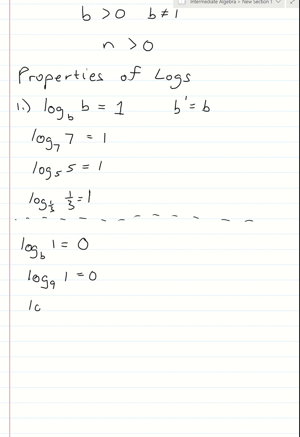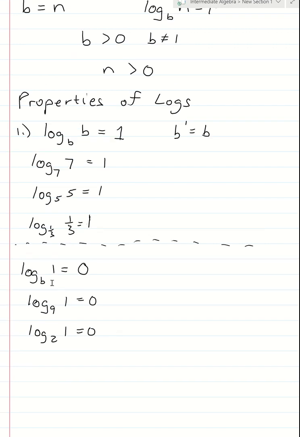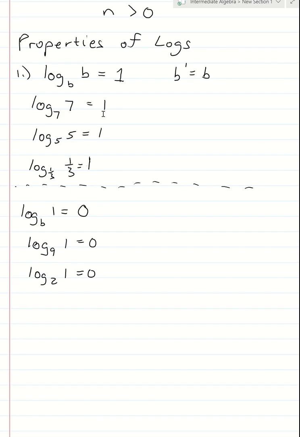If I had the log base 2 of the number 1, that would equal 0. Because if we were to put this logarithmic expression in exponential form, we would say that b to the 0 power equals, of course, the number 1. And we know that from when we talked about the laws of exponents.